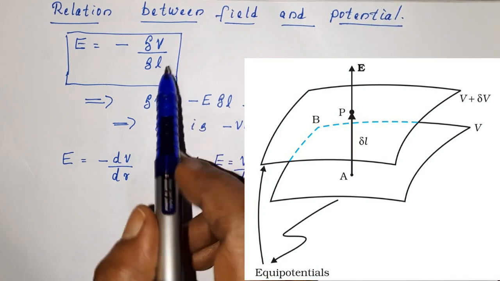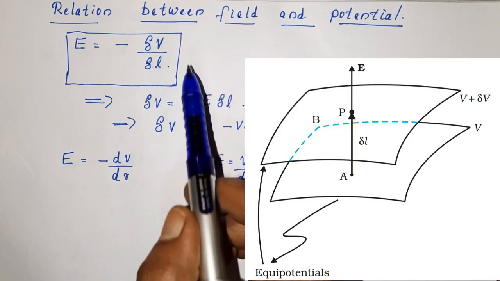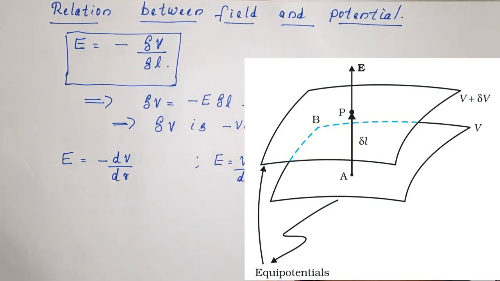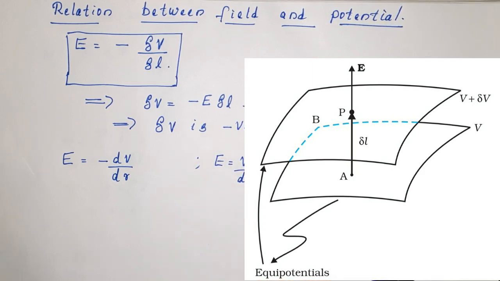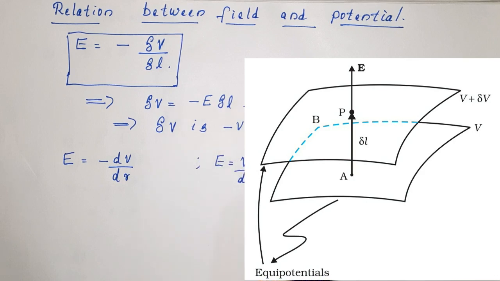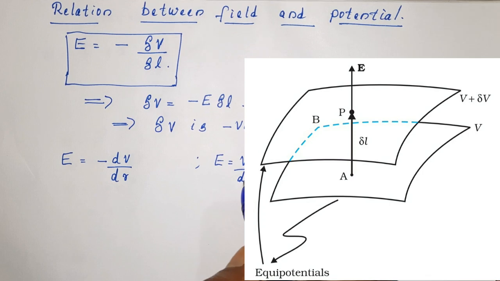What is that delta L, or dr, or that d? You should be very clear. V is the potential and d is the displacement in the direction in which the potential or the field is there. What is the direction of that field? In the direction of the field, what is the displacement? That's what we mean by that d. That point is very important.